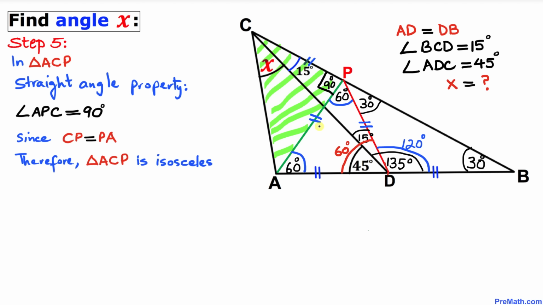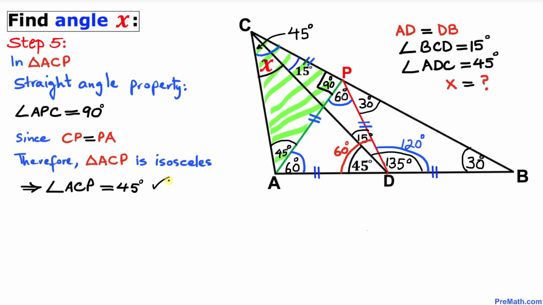Therefore we conclude that this triangle ACP is an isosceles triangle. So this angle and this angle are equal, and since this angle is 90 degrees, both these angles are going to be 45 degrees. So therefore this angle ACP turns out to be 45 degrees.